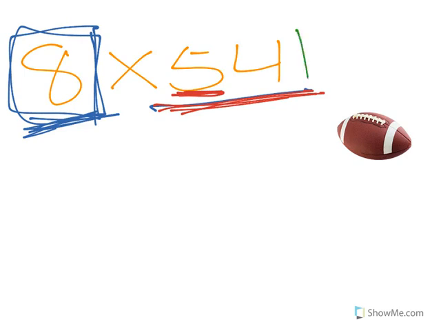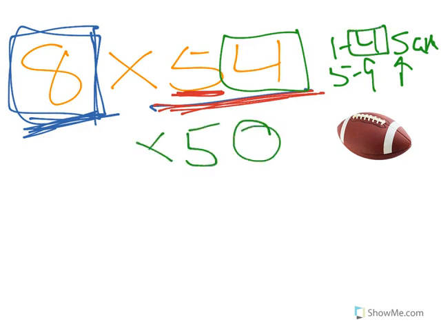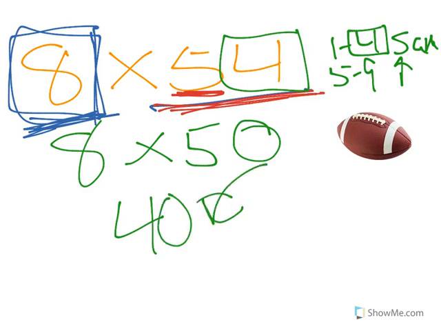So I'm looking here. 1 through 4 is the same. 5 through 9 goes up. There's my 4 there. So 5 stays the same. That 4 becomes a 0. Now I times it out. This is just from last lesson now. 8 times 5 is 40, and bring that 0. So 400. They'll do them as high as into the thousands.